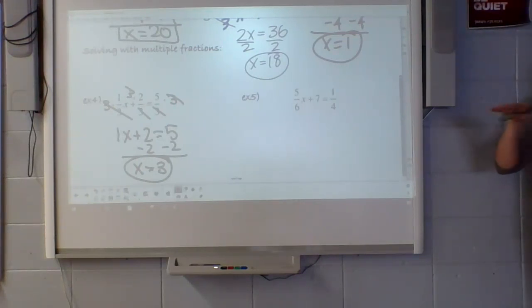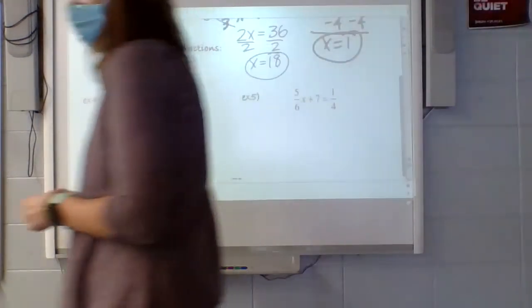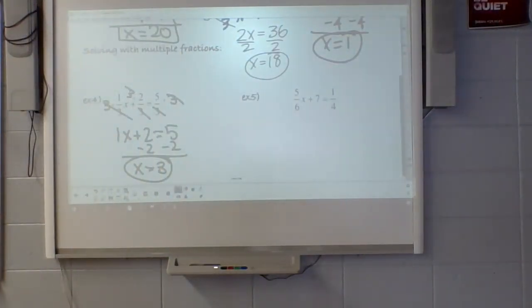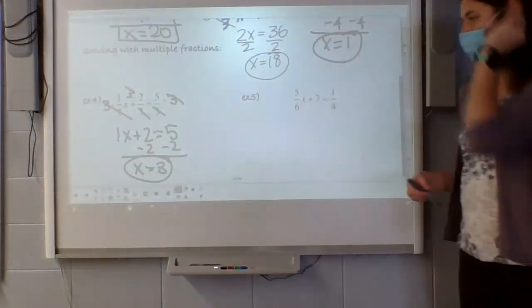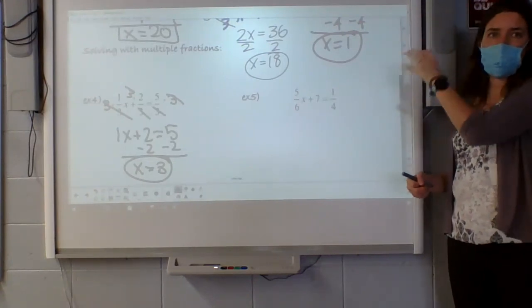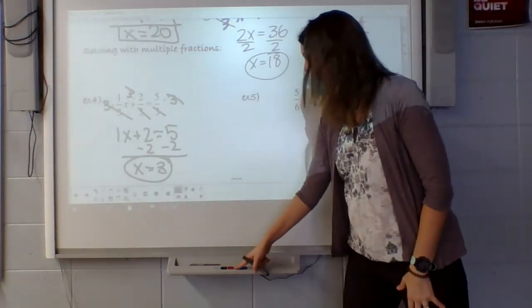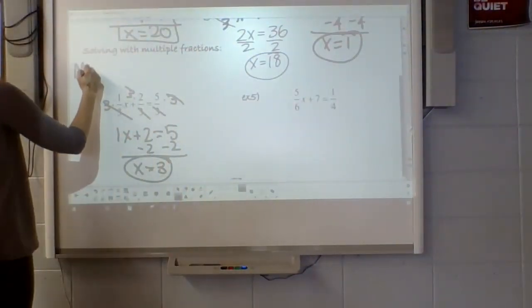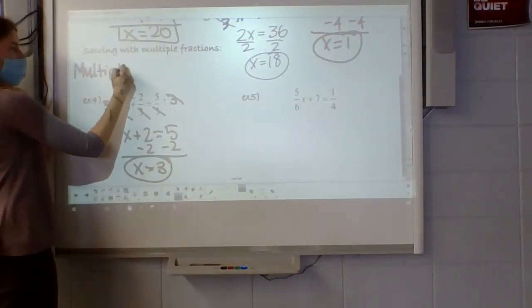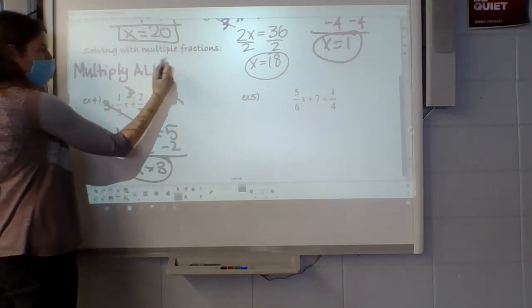What's our common denominator between 6 and 4? What's the lowest common denominator, maybe is the better question. 12. Now 24 works. 12 is a little bit better because it's smaller. What we can do is 12 is our common denominator. We can multiply all the parts by 12. So you might want to write that up here with these. So we can multiply all terms by the common denominator.